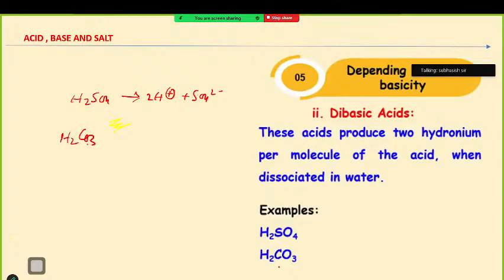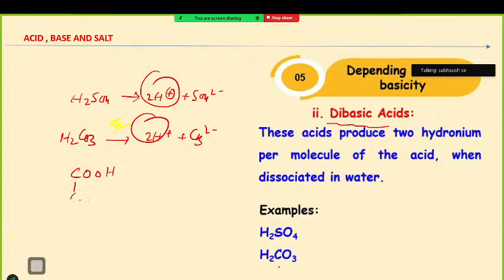Carbonic acid is similar, H2CO3 gives 2H plus plus CO3 2 minus. They are all considered dibasic. Some organic acids like oxalic acid are also dibasic, giving 2H plus from a single molecule of acid. So it is dibasic.